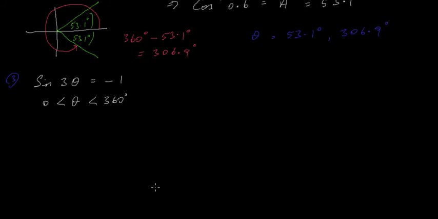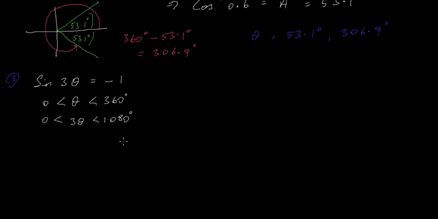So theta is bigger than 0 and less than 360 degrees. Now, in this case, we're dealing with 3 theta here. So if theta is between 0 and 360 degrees, that means our angle here, 3 theta, is going to be between 0 and 3 times 360, which is 1080 degrees. So we want sine of 3 theta here, and our 3 theta can be between 0 and 1080 degrees.